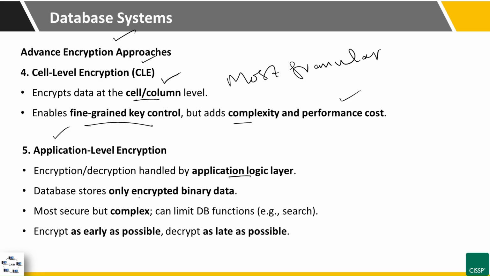The database stores only encrypted binary data, and it is more secure but also complex and can limit database functions, for example, searching inside the database. Encrypt as early as possible and decrypt as late as possible. You should apply this approach when using application level encryption.